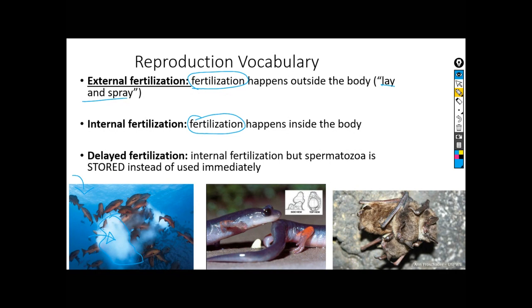So the example I have here, to give us a unique example, is my middle box, which is something that salamanders do. In this case, what we see here is a spermatophore. That's this white package we see in the center here. The males are actually going to lay their sperm in the form of the spermatophore on the ground.